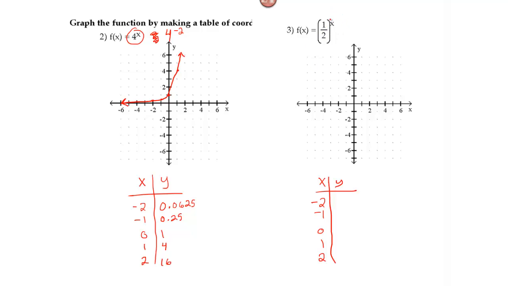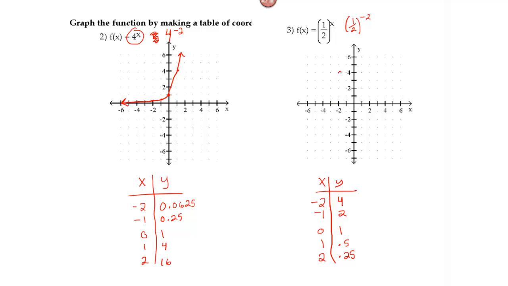So here we have 1/2 to the x. So in your calculator you would do 1 divided by 2, raise it to the -2 by using the exponent button, and then press enter. So that would give us 4, and then you keep plugging in each value. So that's 2, 1, 0.5, and 0.25. And then we graph each of these points.